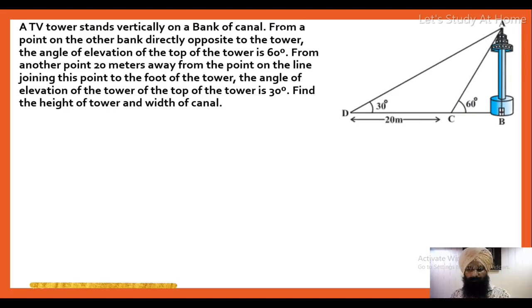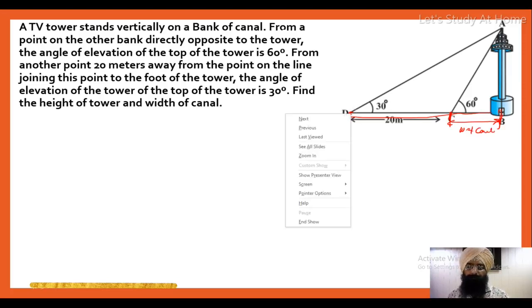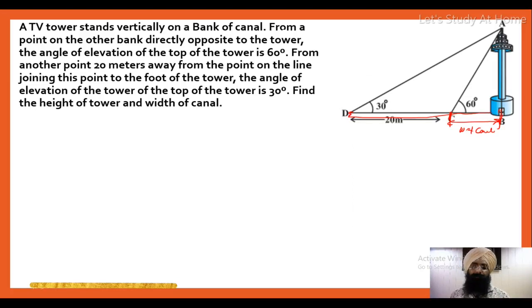This is a straight line from the base of the tower to a point; these are the two banks, and this is the width of the canal. And now the angle is 30 degrees from this point, and from this point it is 60 degrees.